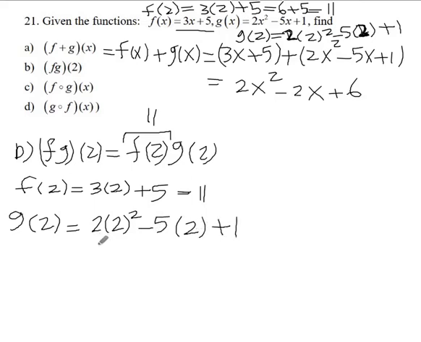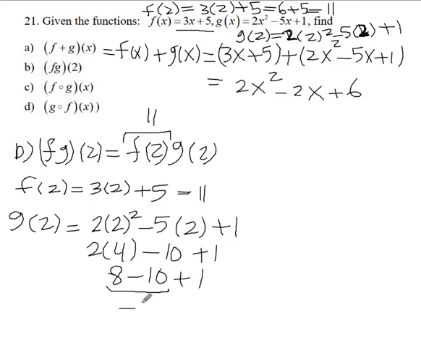So that gives you 2 times 4 would be 8, minus 10 plus 1. 8 minus 10 would be minus 2, plus 1 goes to minus 1. So it looks like we have to multiply 11 by minus 1. So this would be equal to minus 11. f times g of 2 is equal to minus 11.